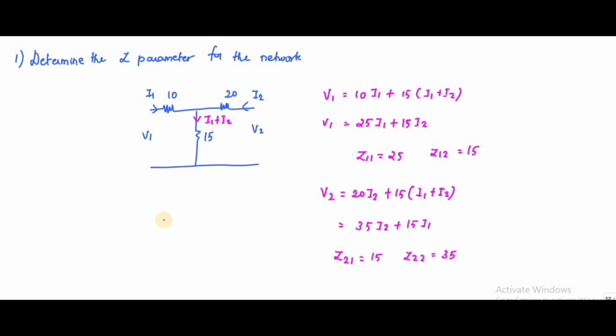If I form a matrix, Z11, Z12, Z21 and Z22 is equal to 25, 15, 15 and 35. You can see there is no dependent source. 10 plus 15 is 25, and 15 is between V1 and V2, so Z12 and Z21 are equal to 15.